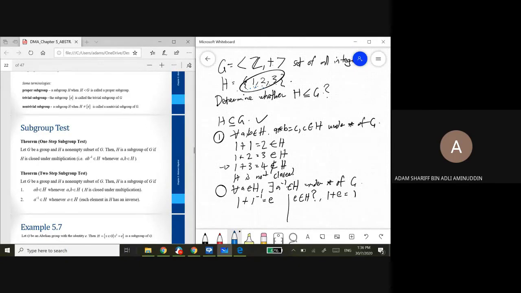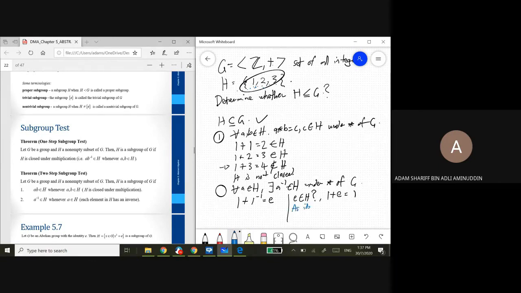Because identity must be 0, right? For the addition, I think I mentioned in my recorded video lecture, the addition identity is always 0. The identity for multiplication, also known as unity, is always 1. In this case, identity does not exist.